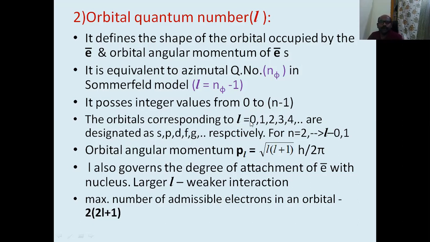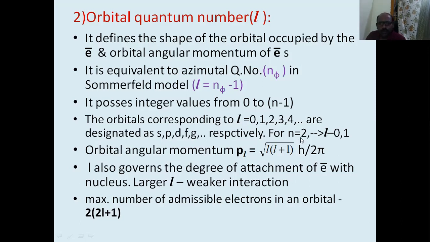If L is equal to 0, that indicates that the corresponding electron is present in the s orbital or s subshell. Similarly, if L is equal to 1, it indicates that the electron belongs to the p orbital or p subshell.